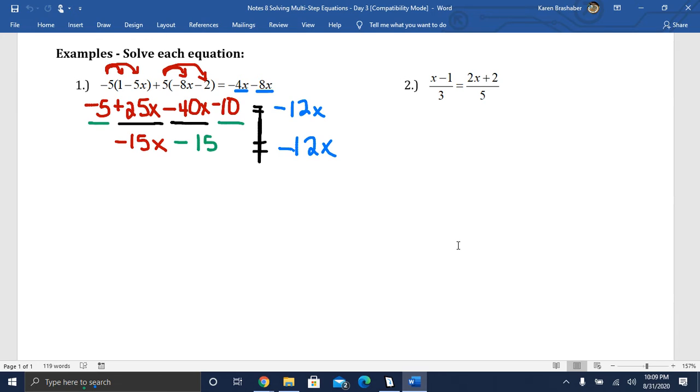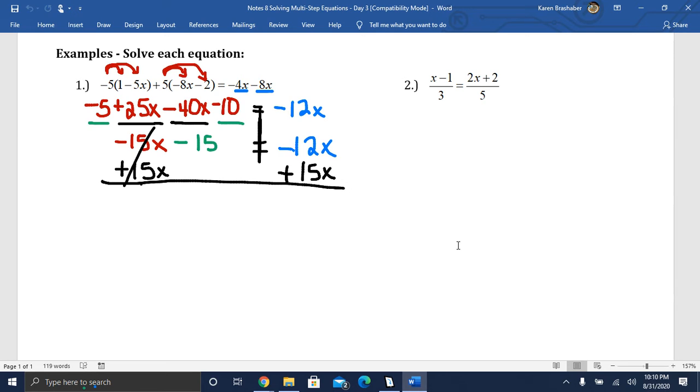And since my -12 has an x with it, I need to add or zero out, as I've been saying, the x term on both sides of the equal sign. So I want to add 15x and then get over to the other side of the equal sign, add 15x.